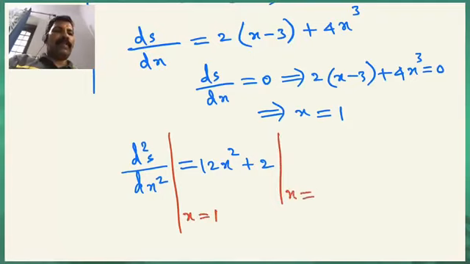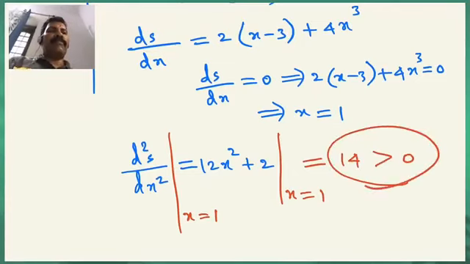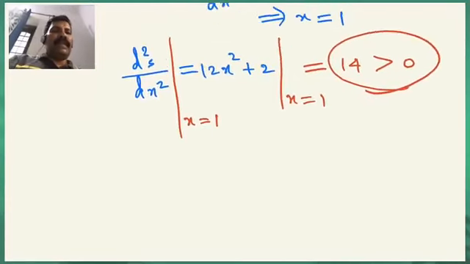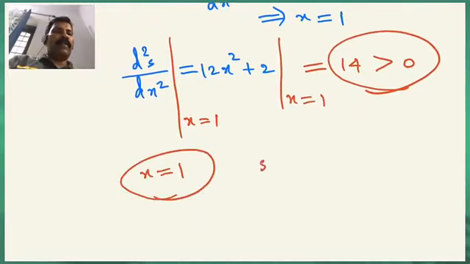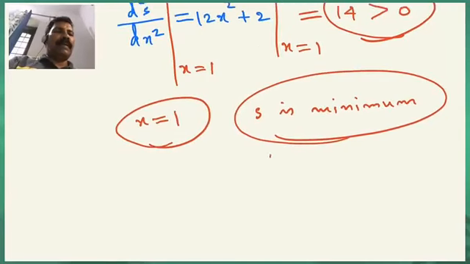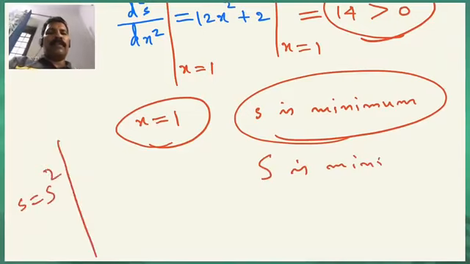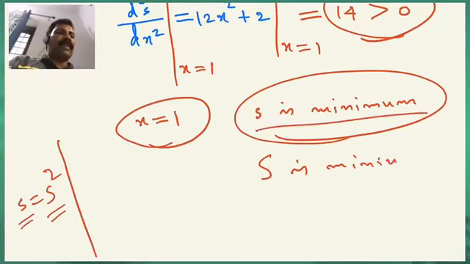So when x equal to 1, this gives you 14, which is positive, which shows that when x is equal to 1, small s will be minimum. Small s is minimum means capital S is minimum. That I told you, small s is equal to capital S squared only. So whenever capital S is minimum, then s squared will be minimum.